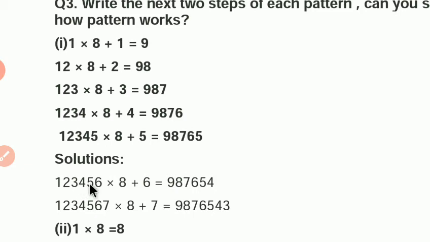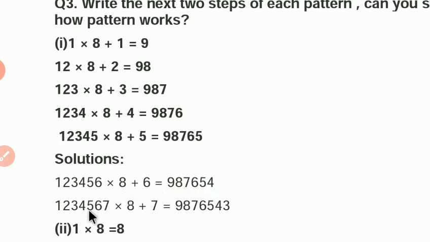So 1, 2, 3, 4, 5, 6. If we have written 6 here, then this number 5 will be replaced by 6, and here we have to decrease one number, means after 5 which number will come? 4. So 9, 8, 7, 6, 5, 4.